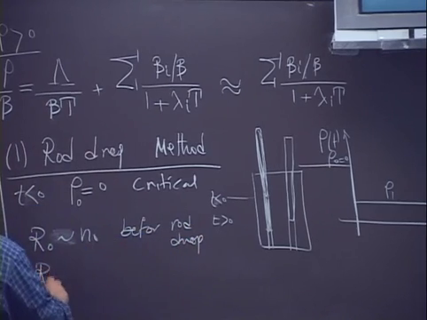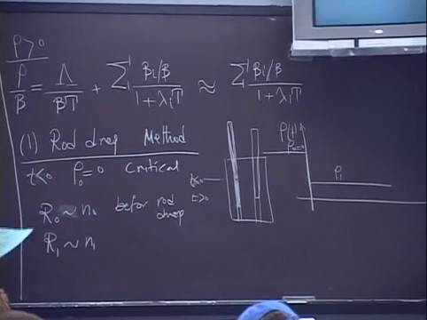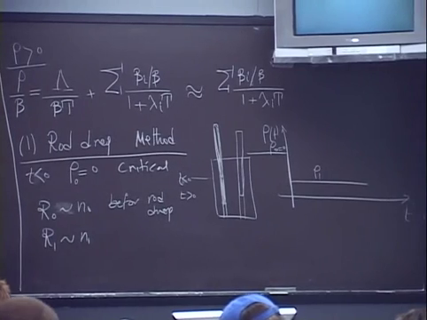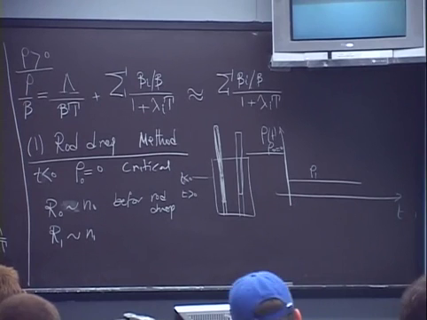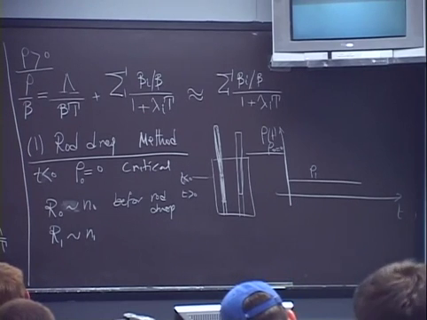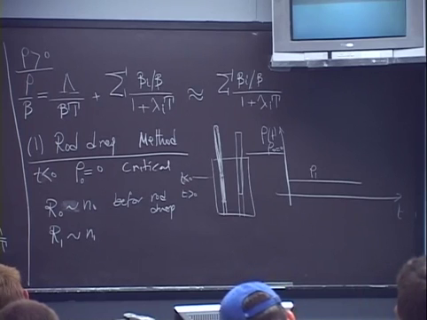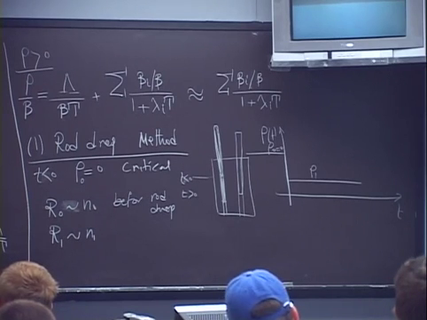Then after the rod drop, it will be R1, which is proportional to N1. Now, we knew from last lecture that we have something called the prompt jump approximation. Can somebody remind me what we meant by prompt jump approximation?